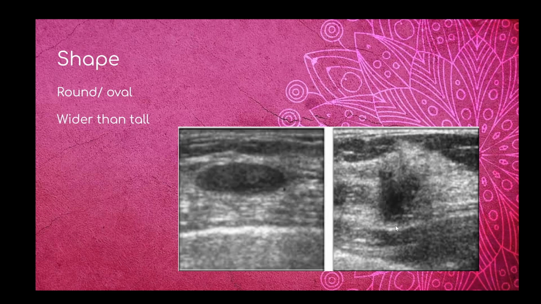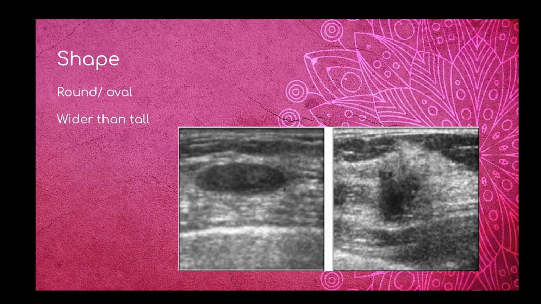In contrast though, we have an example here of a structure that's not round or oval, has really indistinct borders, kind of sharp edges, and look, it's taller than wide. It is invading through the different layers of breast tissue. And this one is most likely going to be malignant. So it's like any cancer in the body.